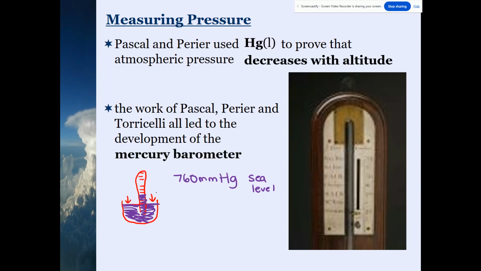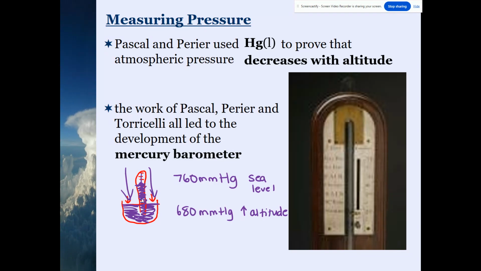Okay, so at a higher altitude, maybe now it's only 680 millimeters of mercury. So as we went up in altitude, there was less atmospheric pressure, so the volume of mercury in the test tube went down, whereas before, when there was greater pressure, it went higher up in the test tube. Okay? So that's originally how barometers work.